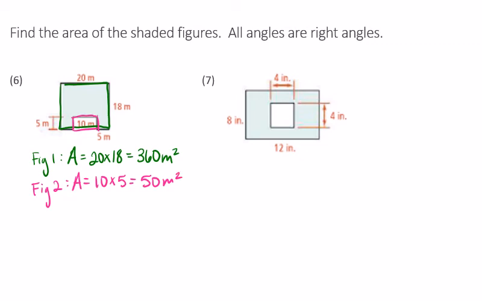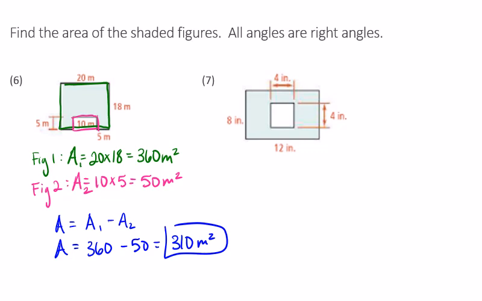All right, and then the answer is going to be the area of figure 1 minus the area of figure 2, right? So I'm going to call this area 1, call this area 2. So the area that I'm looking for is area 1 minus area 2. So it'll just be 360 minus 50. So that's 310 square meters.